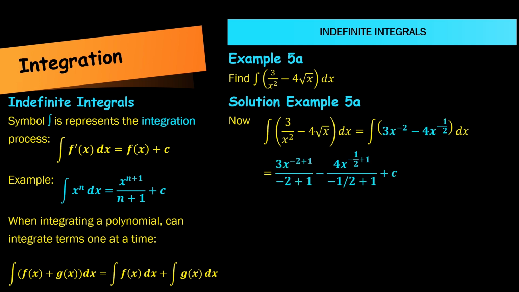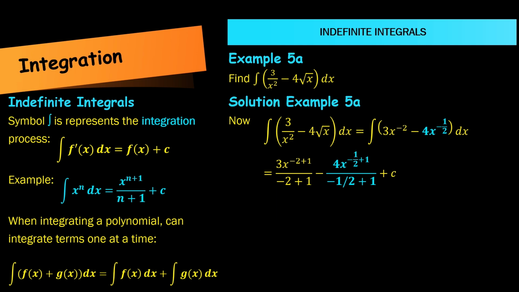And integrating gives us 3x to the minus 2 plus 1 divided by minus 2 plus 1, minus 4x to the minus a half plus 1 divided by minus a half plus 1, plus the constant.